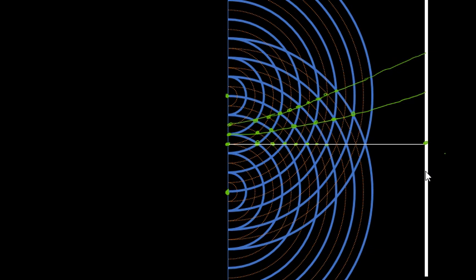But there are destructive interferences happening as well. Wherever the blue and orange lines are meeting, destructive interference is happening. So you can see in the middle, let me change the color first.